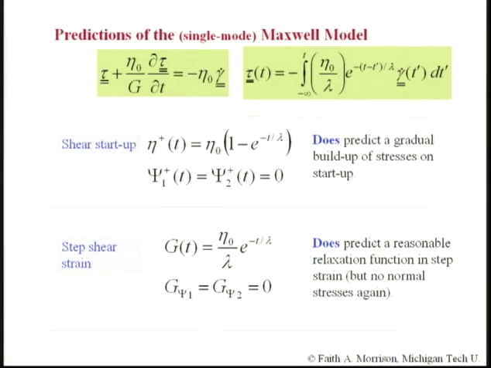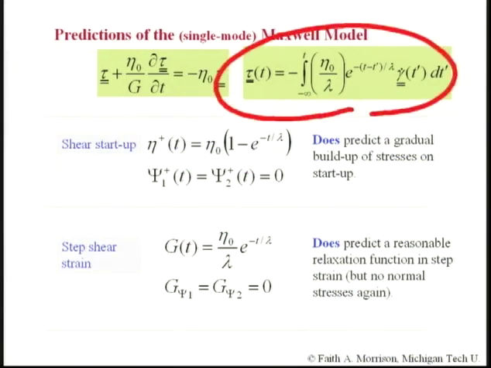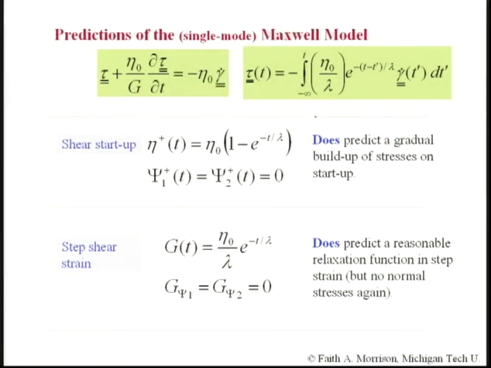When we look at this, what do we see? We compare it to our original constitutive equation. It says that there's this prefactor, eta naught over lambda, which is the same prefactor that appears in the Maxwell model. And then an exponential decay of some time over lambda, kind of like this, but not quite.